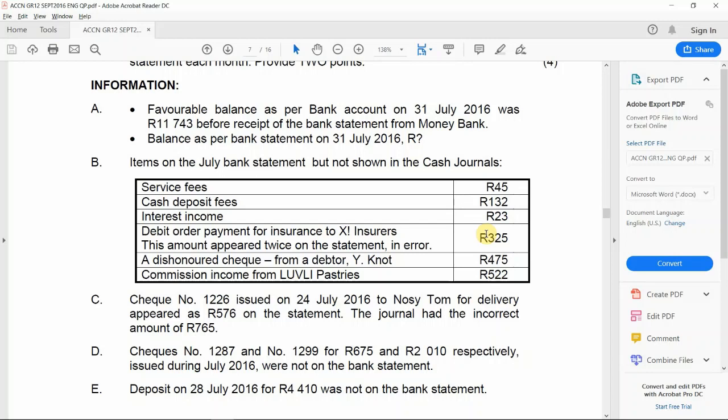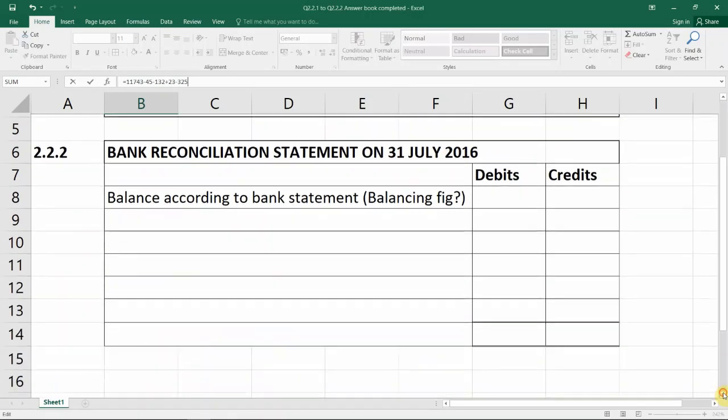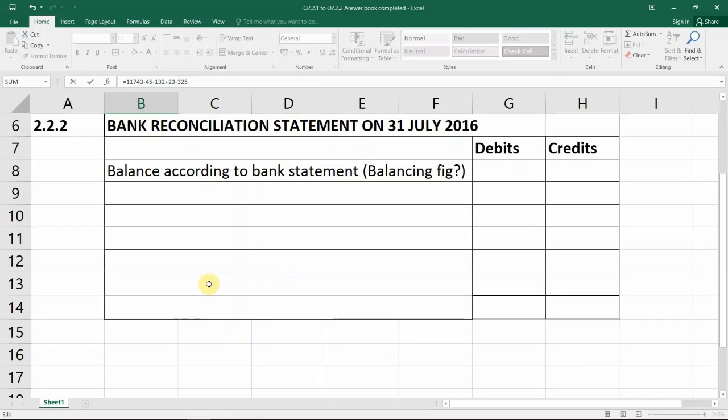So therefore, the bank would have had to make the entry on the debit side. But now they did it twice on the debit side. So to cancel out one of those debits, we will have to credit on the bank reconciliation statement.